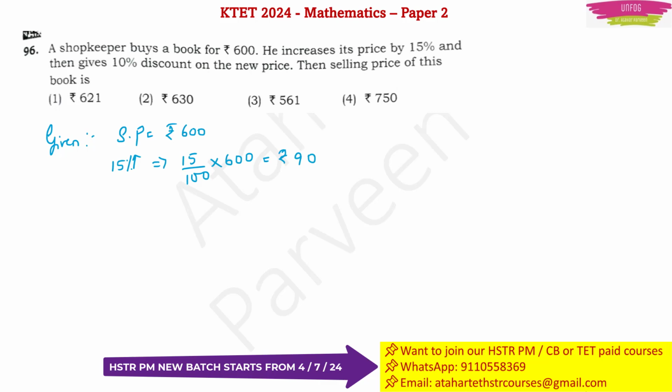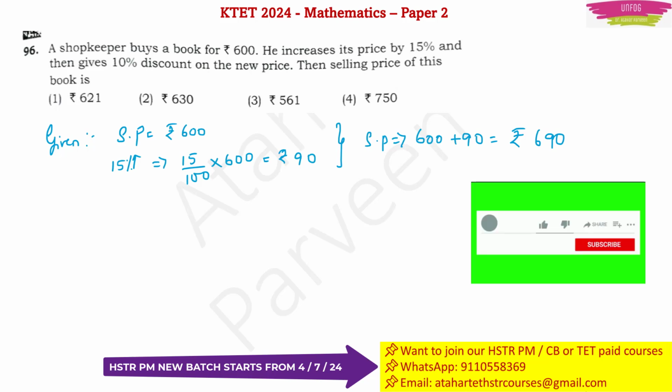So you have to convert that 15% into rupees now. So 15 by 100 into 600 will give you 90 rupees. Okay. Now the shopkeeper has totally increased the price to 690 because the price was 600 and he increased 15%. So total price now became 690, which is the selling price.